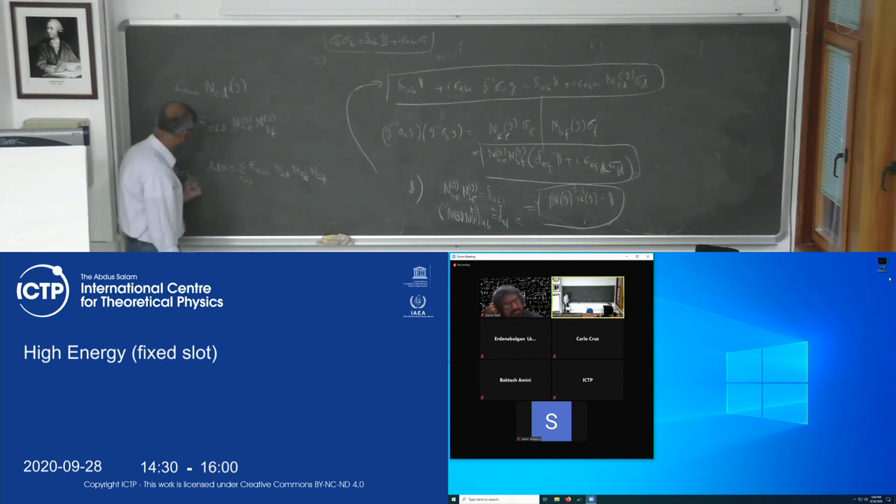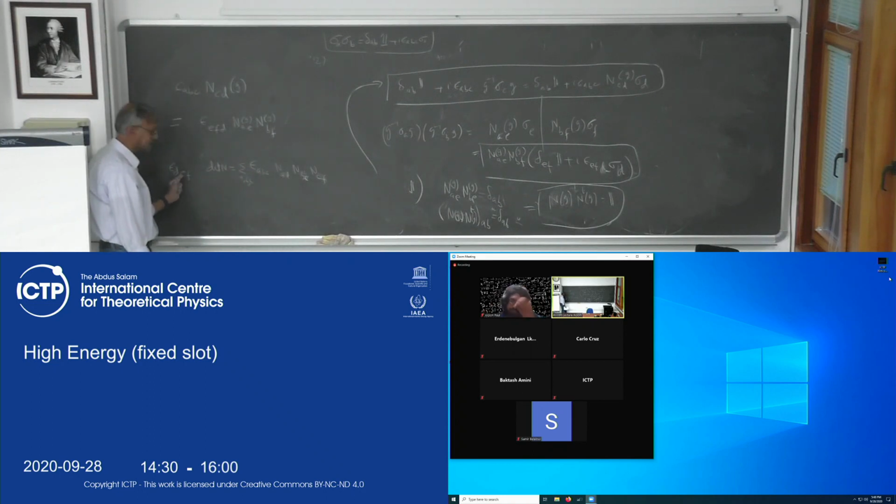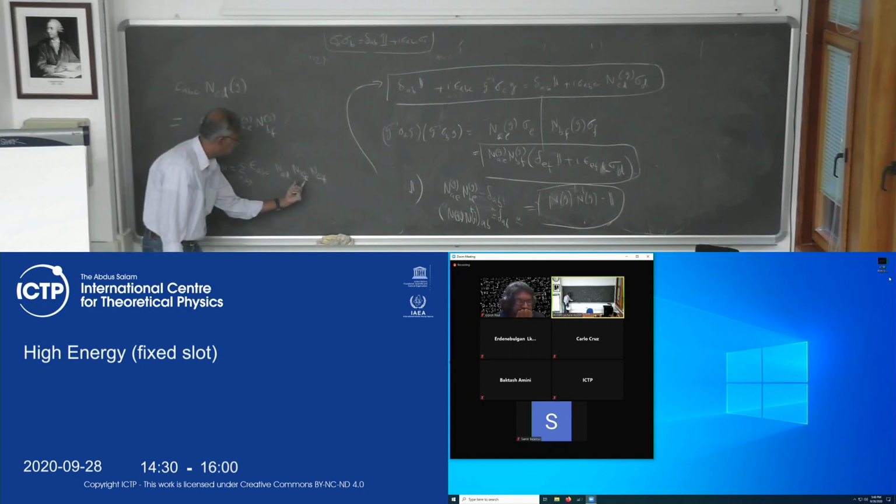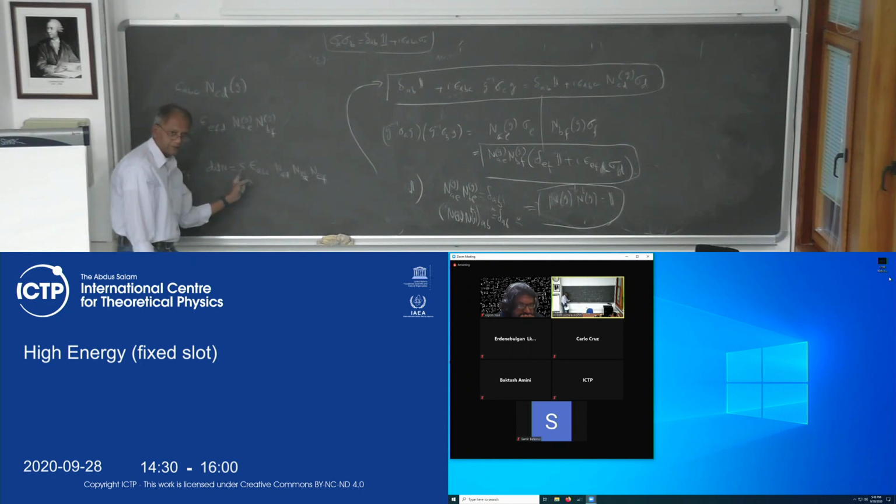Secondly, you see that it is antisymmetric in any exchange, because if I exchange E with D, it's the same as exchanging B with A, but when I exchange B and A, I pick up a minus sign, right?